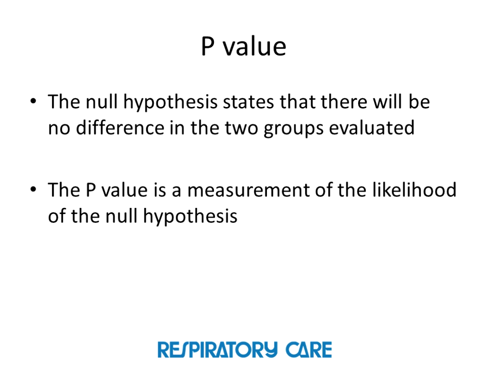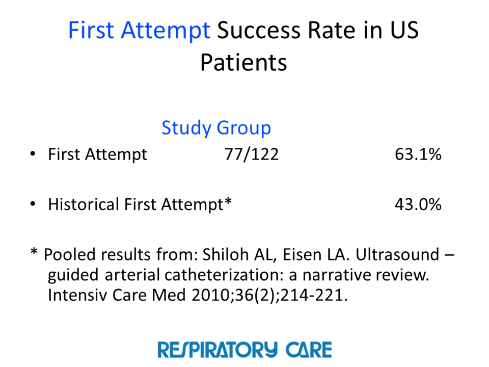And so it's a measurement of the likelihood of the null hypothesis. So a very low p-value, although it means there's probably a difference in doing it one way versus another, it could be some other variable. It doesn't directly measure the thing that you're looking at. It's just saying that this is unlikely to have happened by chance alone.